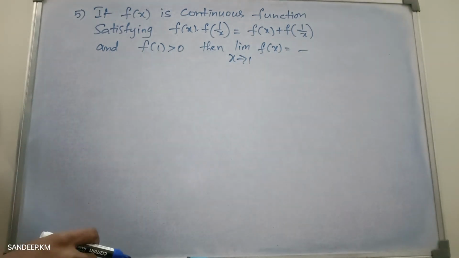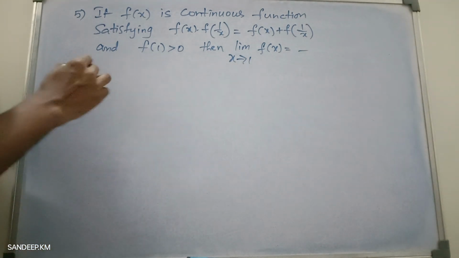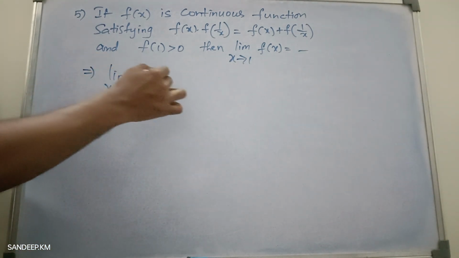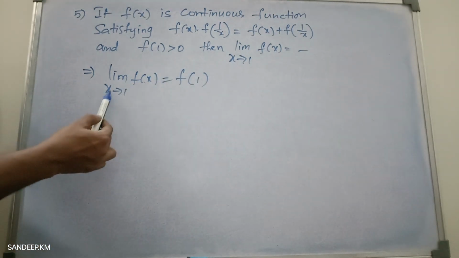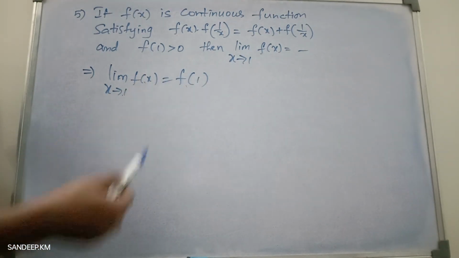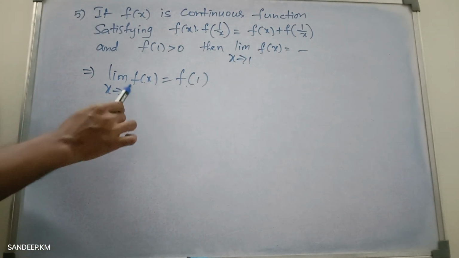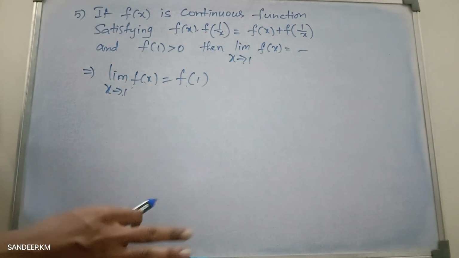Dear students, since f of x is a continuous function, we can say that limit x approaches 1 f of x is same as f of 1. The limiting value of the function when x approaches 1 is same as value of the function. Correct or not? So, limiting value of the function they are asking us to find, which is nothing but f of 1. If you find f of 1, the problem is over.